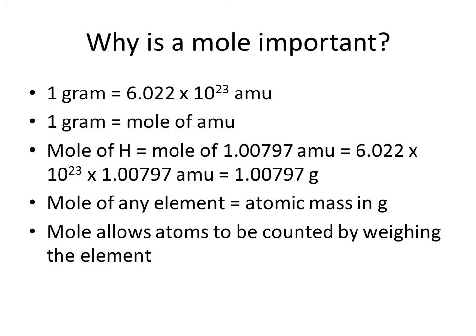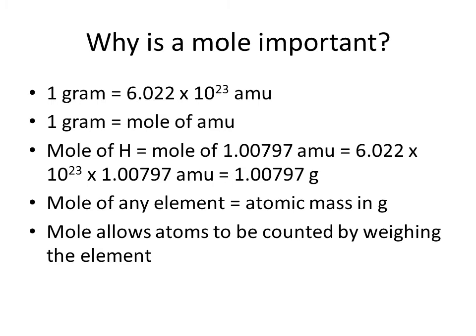Now let's look at how this plays out with an element. If I have a mole of hydrogen, well then I have a mole of the mass of that atom, which is 1.00797 AMU.